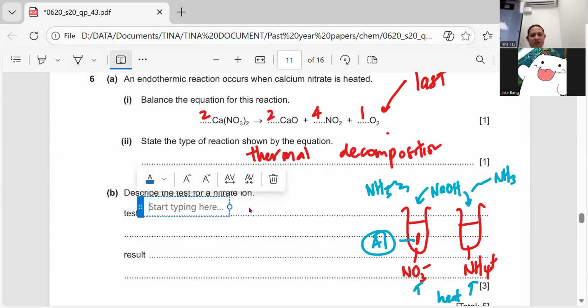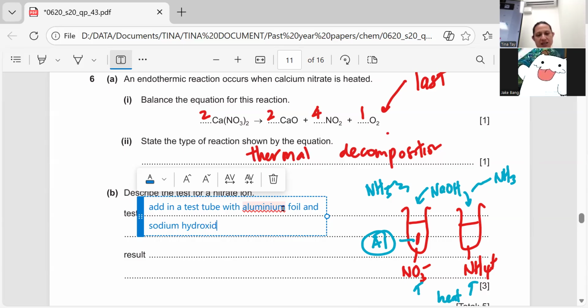Get it? Add in a test tube with aluminium foil and sodium hydroxide solution and heat. Gas, ammonia gas turns red litmus blue.